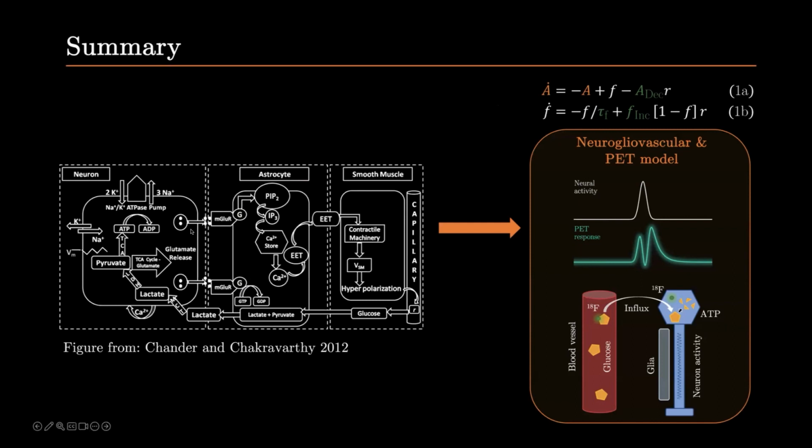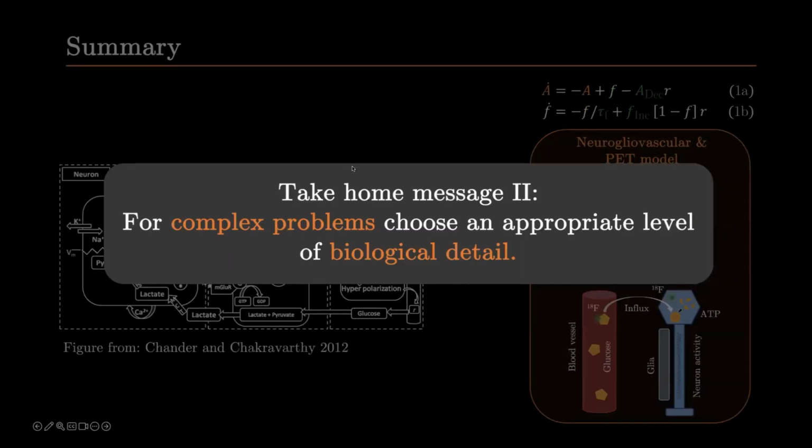Then we have seen that the neurogliovascular system can be very complicated, and it's the subject of current research to model these very complicated interactions. However, we have reduced the problem substantially to be able to use it in brain network simulation, and it works out as far as we can see. So take-home message number 2: for complex problems, choose an appropriate level of biological detail.